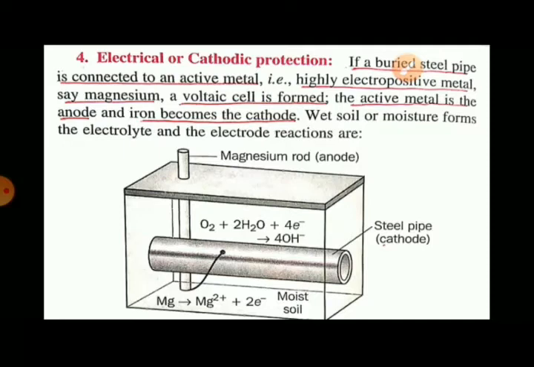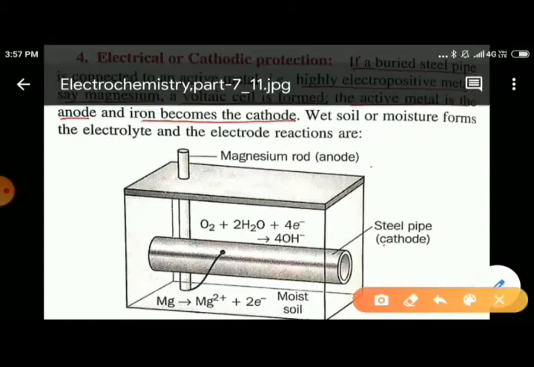In the case of electrical or cathodic protection, for example, if the pipelines are in the earth, they get corroded. But if we connect that iron pipeline with a more reactive metal, then the process of corrosion can be stopped.